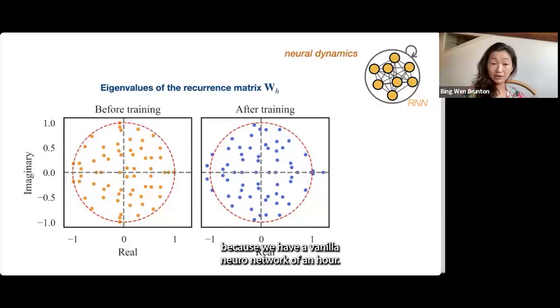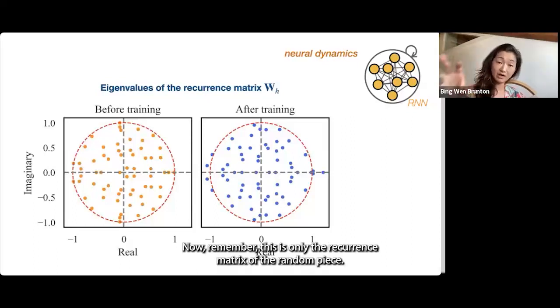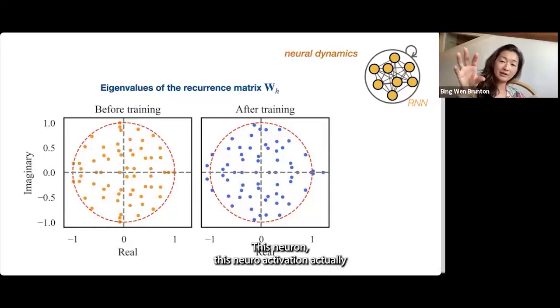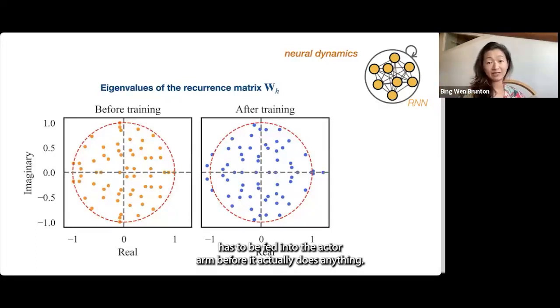Because we have a vanilla RNN, we can also look at the eigenvalues of the recurrence matrix. Remember, this is only the recurrence matrix of the RNN piece. This neural activation actually has to be fed into the actor arm before it does anything.